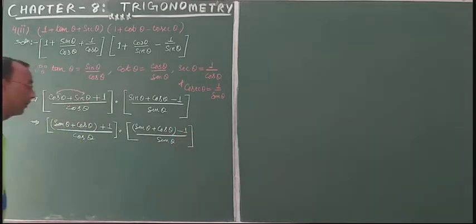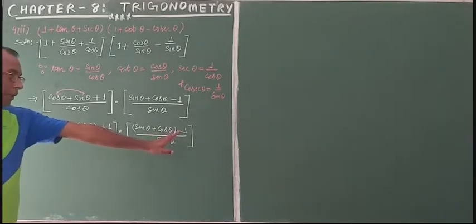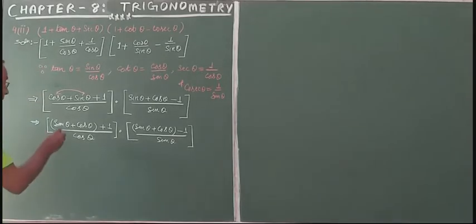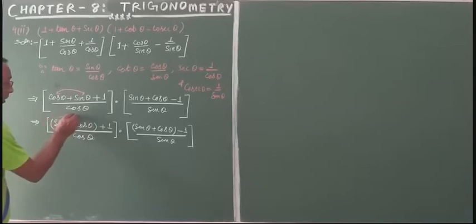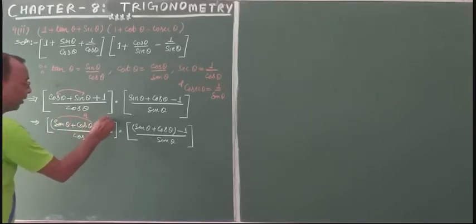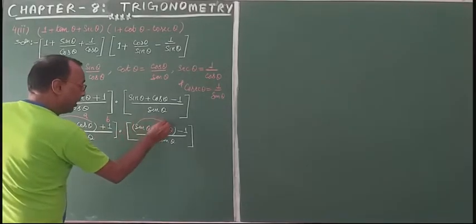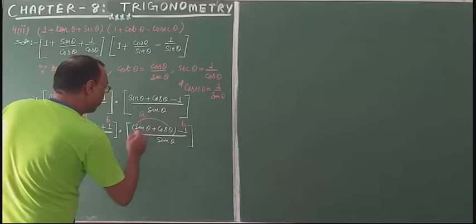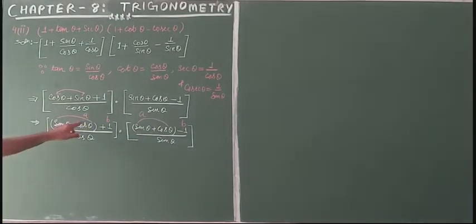That is, (sin theta plus cos theta plus 1) into (sin theta plus cos theta minus 1). Suppose this bracket is A and this one is B. So this is of the kind of the formula A plus B into A minus B.